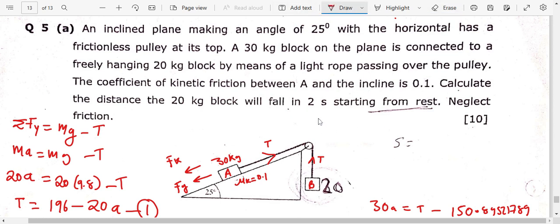So if we make tension the subject of the formula, we're going to have tension being equal to, I'll take the negative 150 to the other side, so it becomes positive 150.895211789, and then plus 30a.